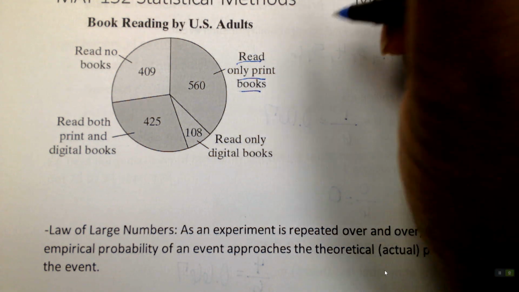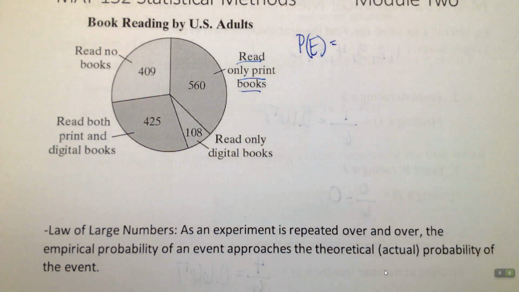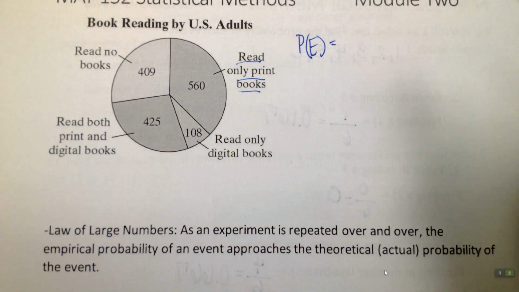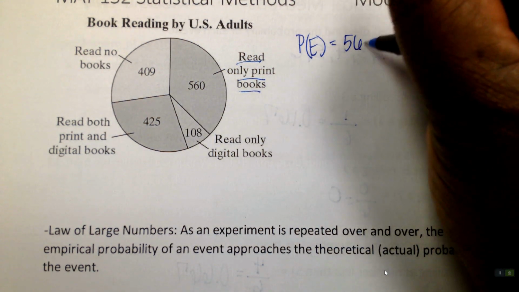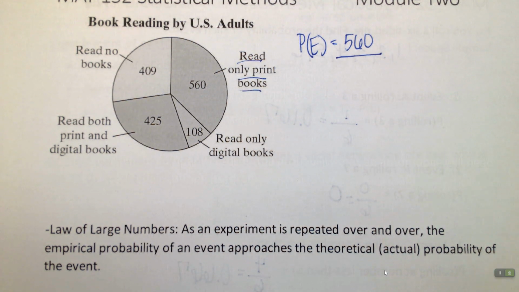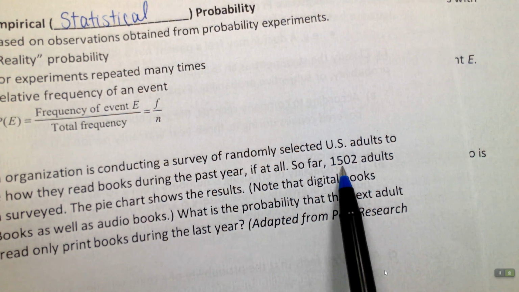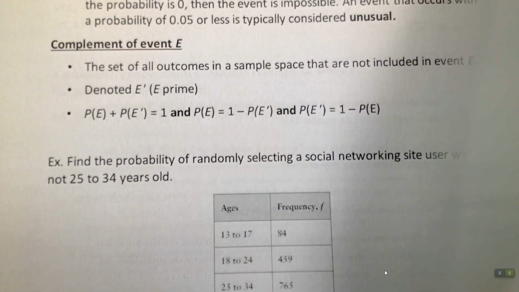So we have to determine what is our probability. So 560 read print books. Out of how many? What is our total frequency? Lucky us, they did give us the total up front. I don't know if you saw that. See? Lucky us, they gave it to us.